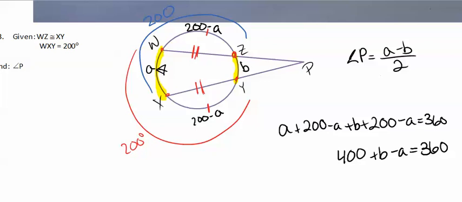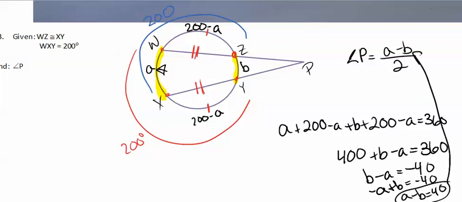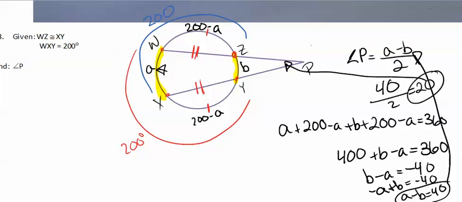Which ends up getting us B minus A equals negative 40. And if we change that around, that's really negative A plus B equals negative 40. And if we divide by negative 1, we get A minus B equals 40, which you'll notice is that up there. So we'll substitute that in, 40 divided by 2, which is 20. So the measurement of angle P is 20 degrees.